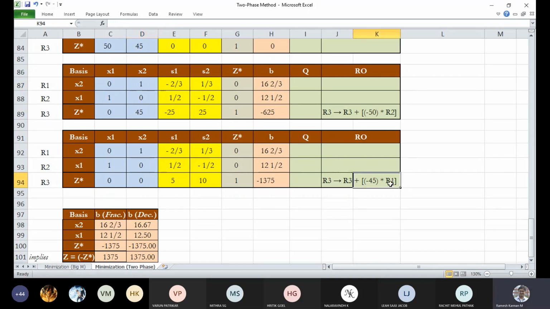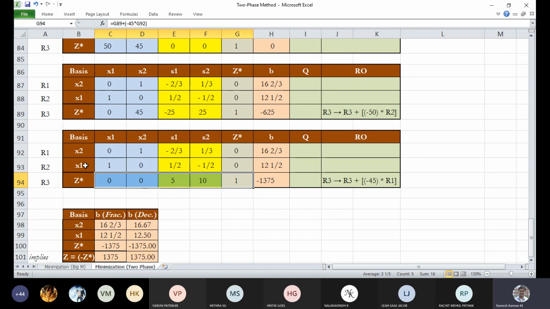So that will become 0. Now we have completely eliminated all the elements here. So there aren't any negative elements. All of them are positive or 0, which means our indicator row has no more iterations possible, so the problem is terminated.